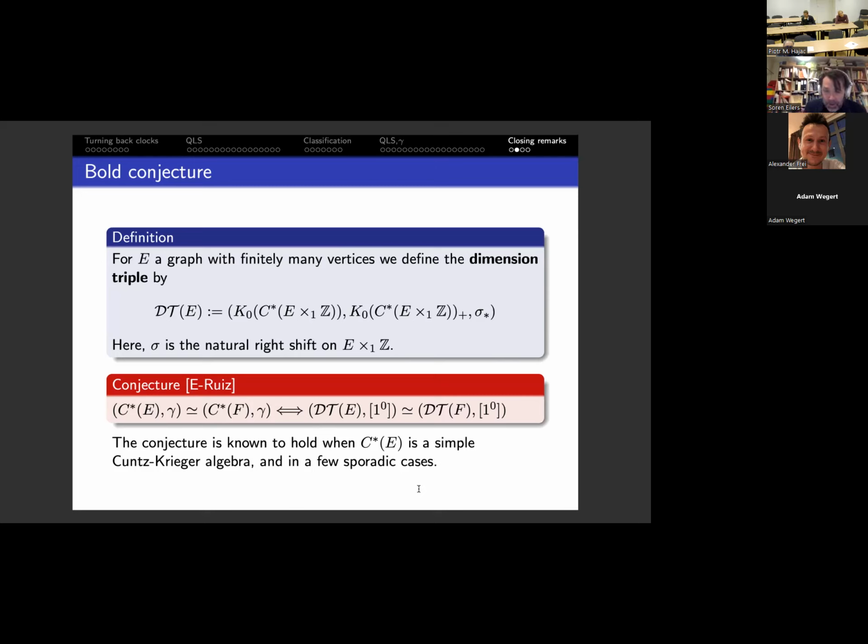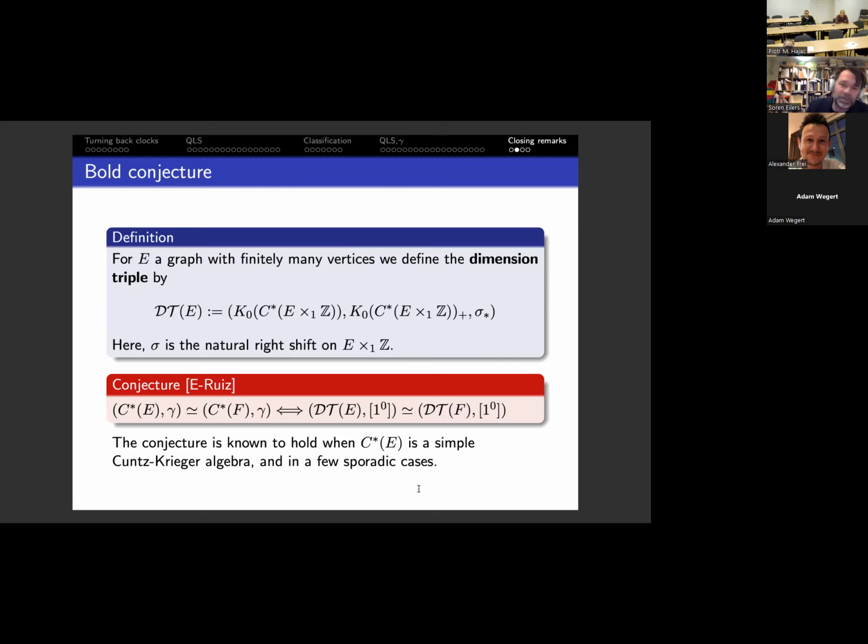Now, the conjecture is that if you want to classify units of graph algebras up to equivariant isomorphism, you take the dimension triple and you throw in the class of that particular unit at time 0 that we talked about before. The reason I'm saying this is a bold conjecture is that we don't know this is true.